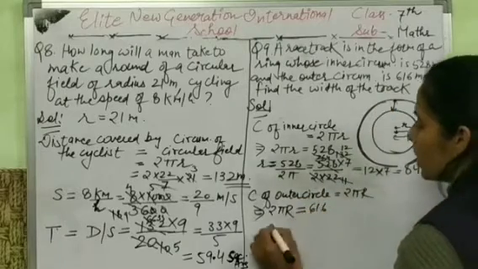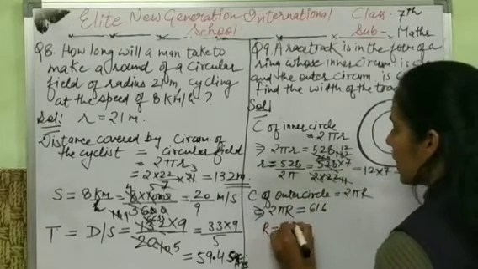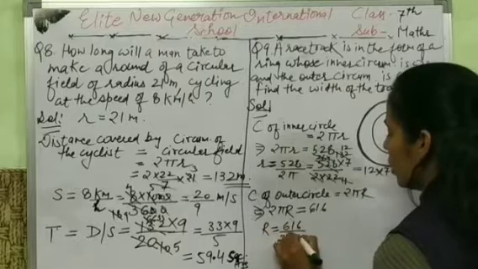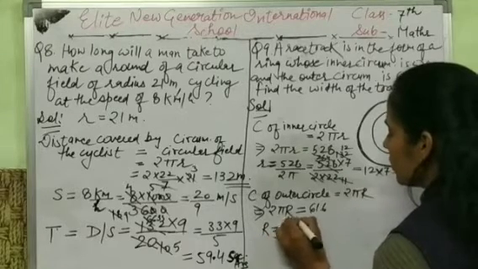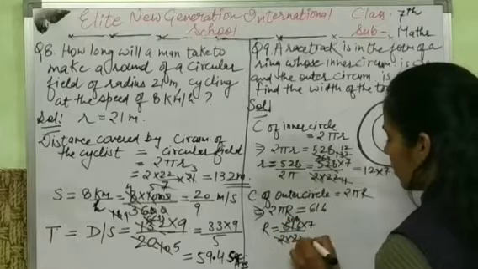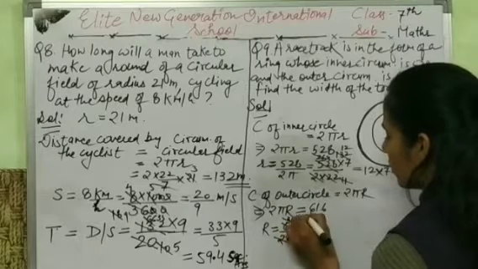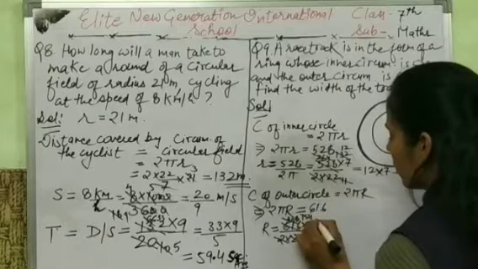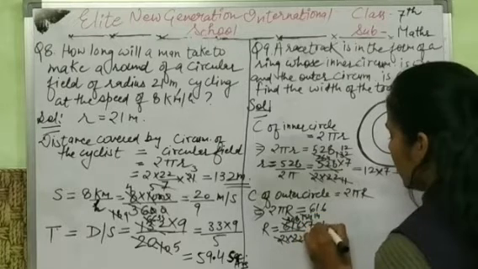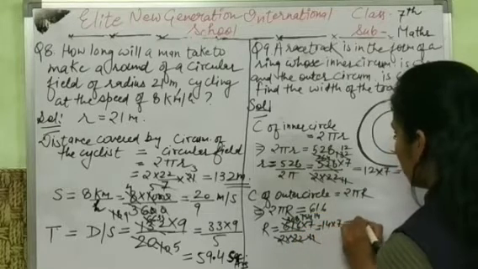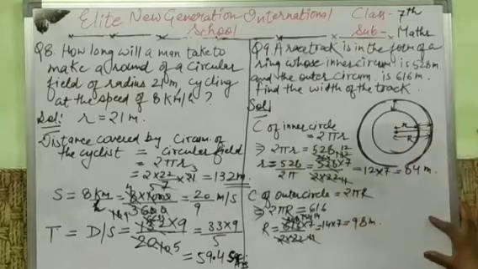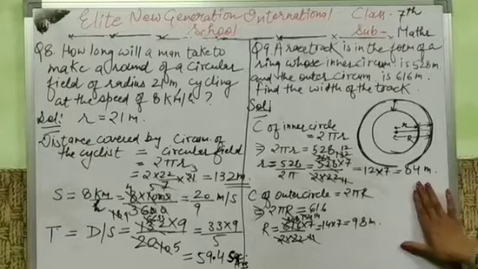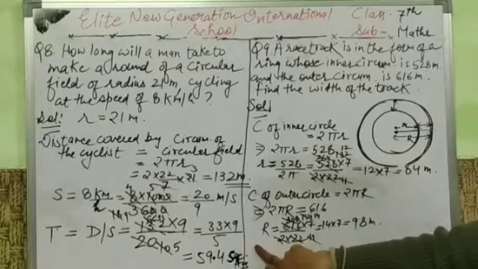So in that case we can easily find the capital R. 2 into 22 upon 7. So 14 into 7, which is equal to 98 meters.